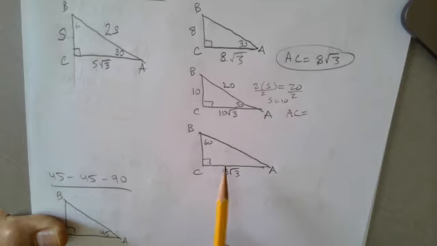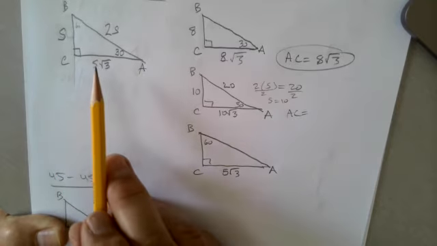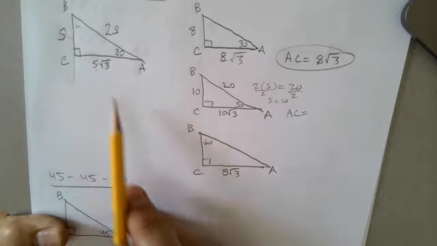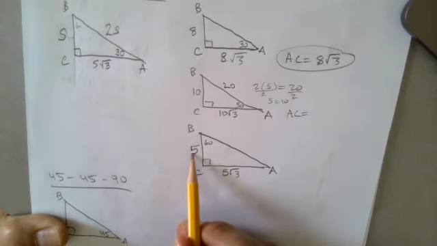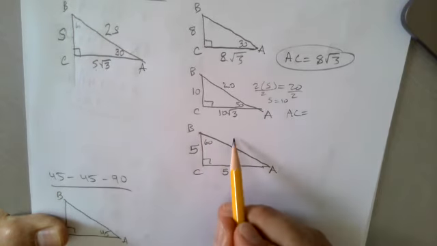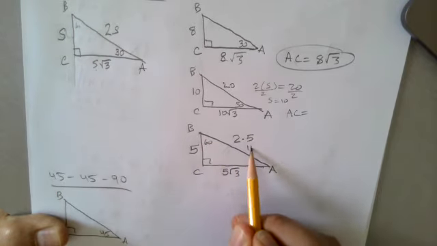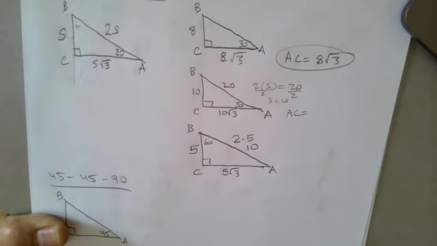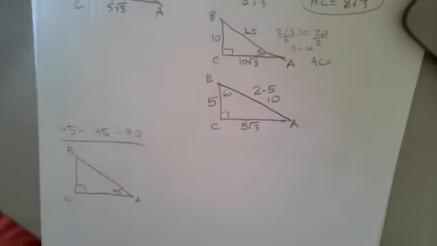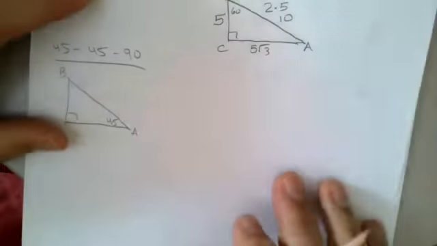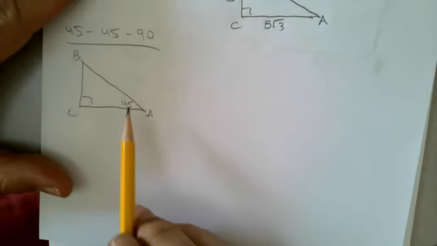The root 3 is already matched up. So what has to be here? Well, 5 is in the place of S. Therefore, this would be 5. In the place of 2S, it would be 2 times 5, which is 10. All right, again, this is the very basics of 30, 60, 90 and 45, 45, 90 triangles.